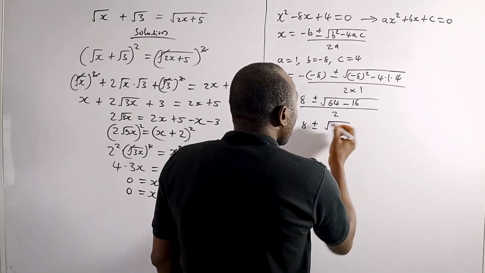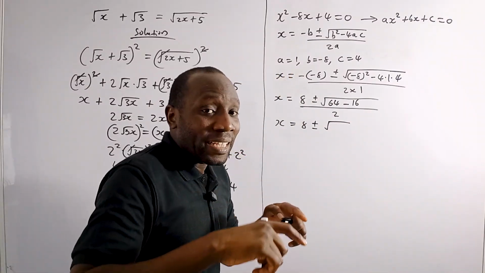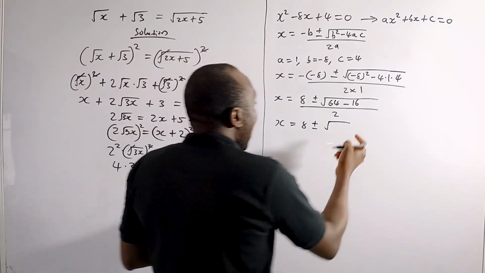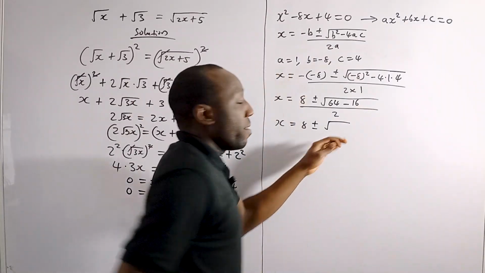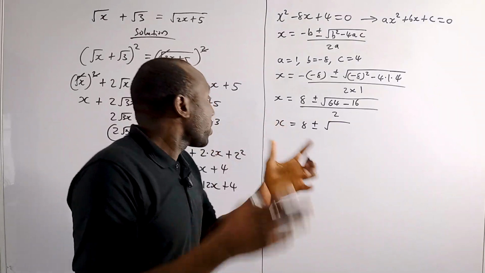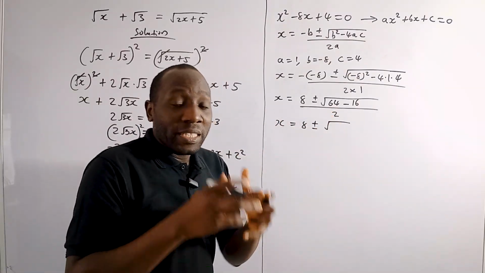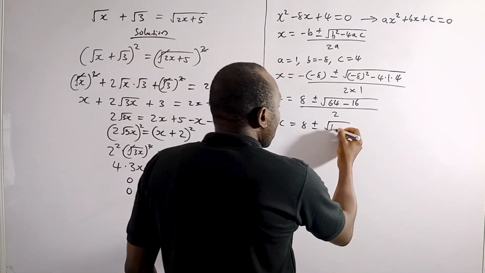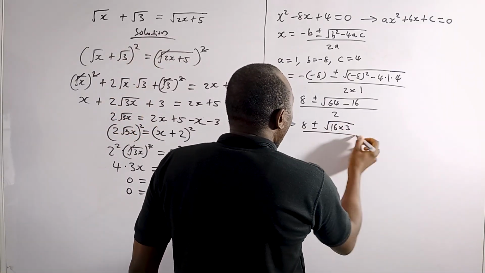So we have root 48, but I will write 48 as 16 times 3 because I want to express 48 as a product of a perfect square and another number. So that's what? 16 times 3, all over 2.